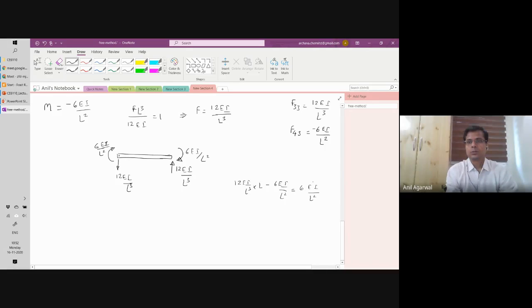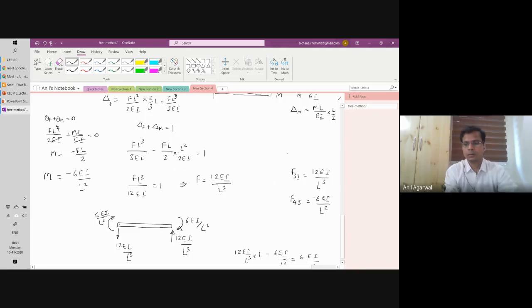Fine. So as a result, my F12 can be written as minus 12 EI divided by L cube, and F12, no, this should be F13, and F23 can be written as, this is again clockwise, so minus 6 EI divided by L square.